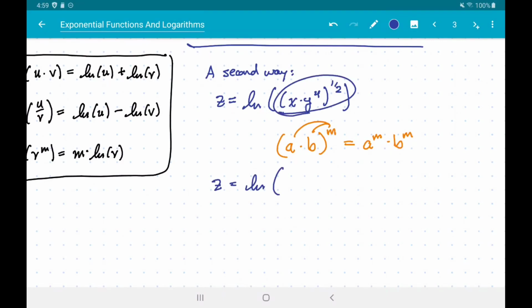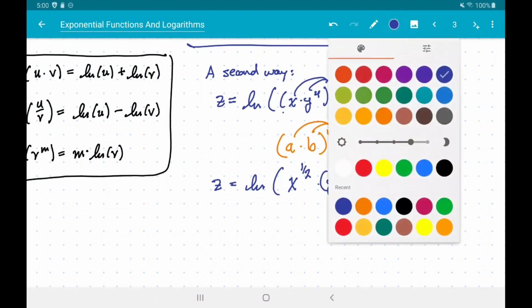If I apply that here, I'm going to leave the ln wrapper in place, but I'm going to replace the 1/2 power of x times y to the fourth by distributing the power 1/2. That will give me ln of x to the 1/2 times y to the fourth to the 1/2.